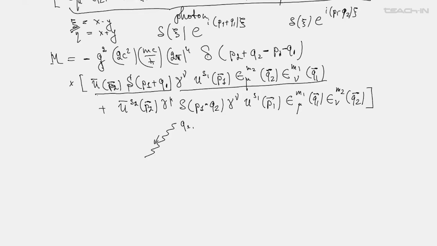And there is an initial electron which gets into the interaction vertex. It enters with momentum P1 and polarization S1. This is described by this spinor US1 depending on P1. Then there is a propagator that depends on the momentum K equal to P1 plus Q1.